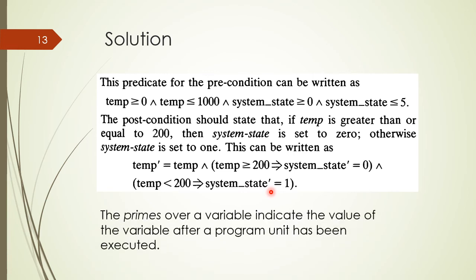Students, primes over the variable indicate the value of the variable after a program unit has been executed. Basically, we use a prime notation to describe the post condition value of the variable.